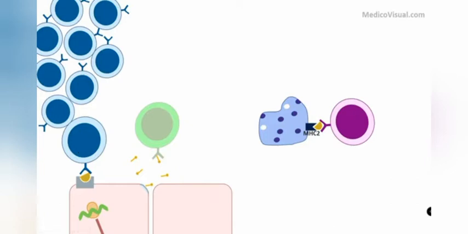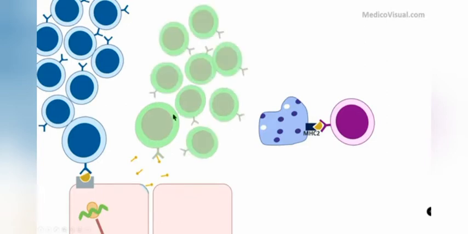It will make lots of copies of cytotoxic T cell that is specific for a particular antigen, this S protein antigen. And it will also cause clonal proliferation of B cell.